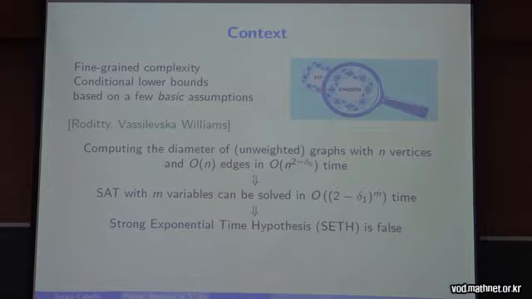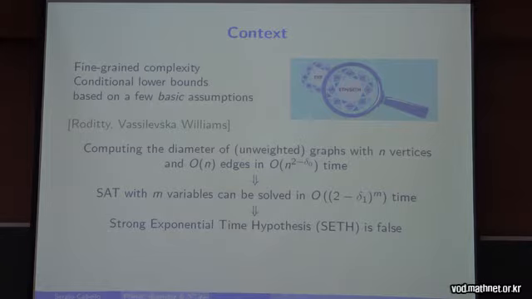So this is the type of lower bound I was talking about. So this is a problem, computing the diameter for such graphs, that nobody knows how to solve in strictly subquadratic time. And here what you're telling is, well, if you would be able to solve this in strictly subquadratic time, then the strong exponential time hypothesis is not true. So you would be proving something bigger.